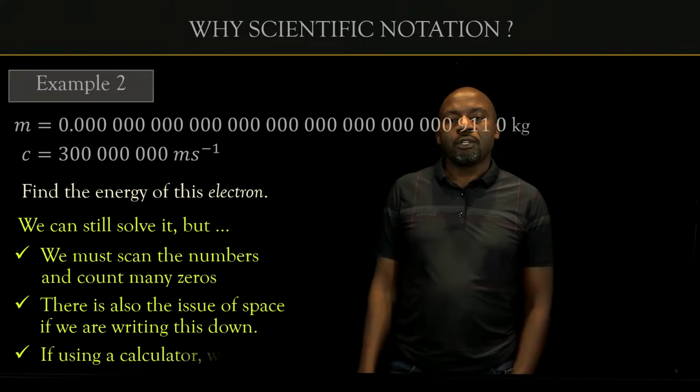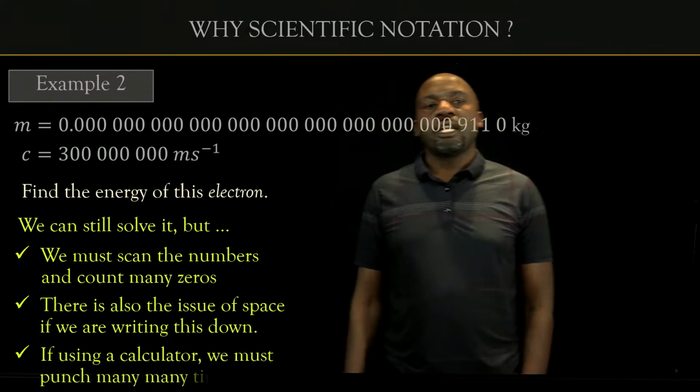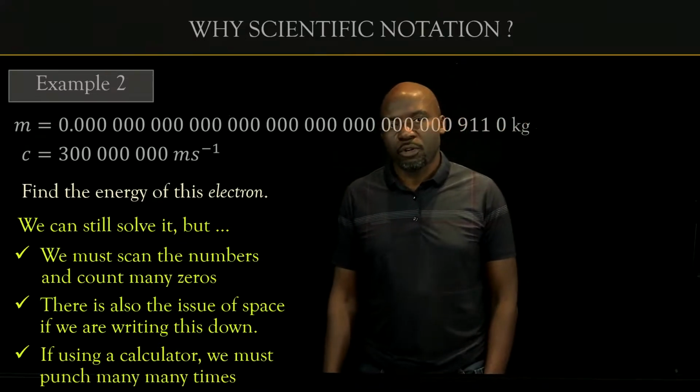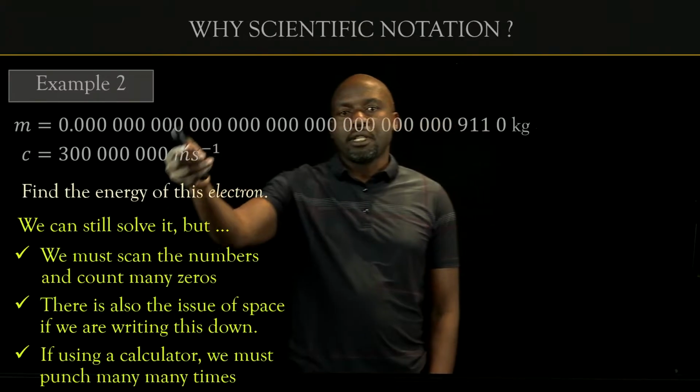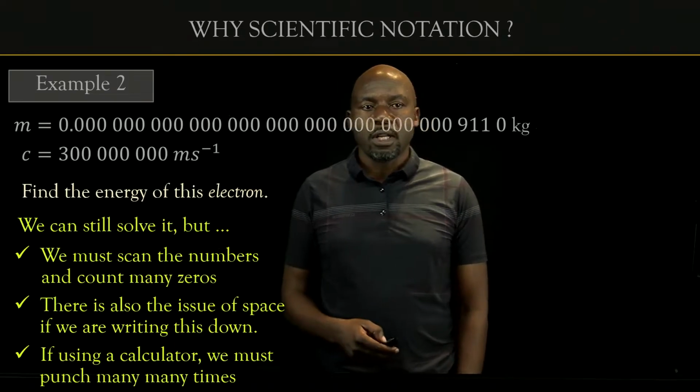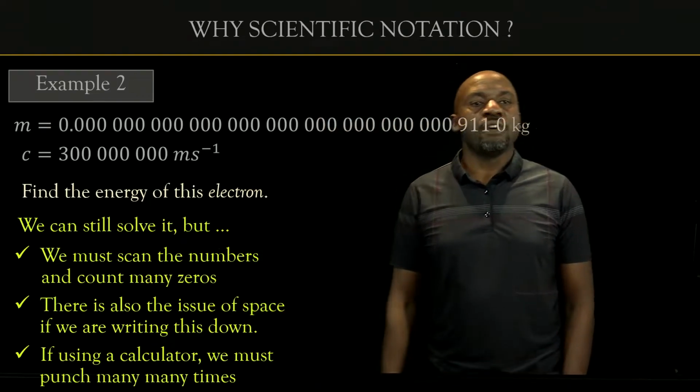Thirdly, if you are doing this on a calculator, then you still have to punch all those zeros in the process of calculation. So either way, working with numbers such as this, either very, very small or very, very large, can be very difficult.